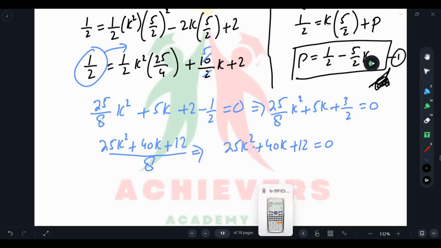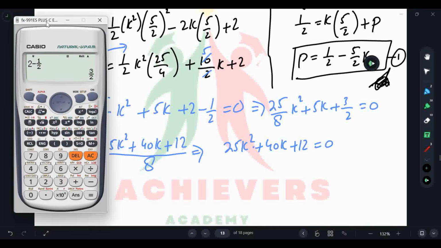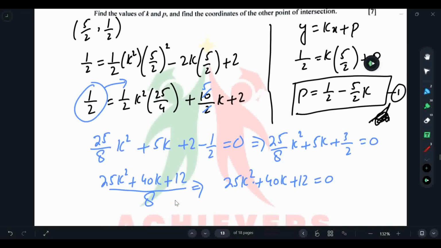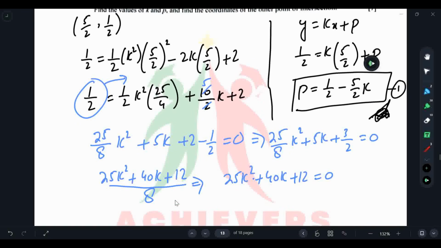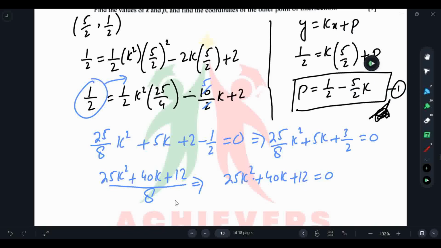Now what we have to do is just use the quadratic formula. a is 25, b should be minus, so from here we can see that this should be minus, this should be minus, and this should be minus.